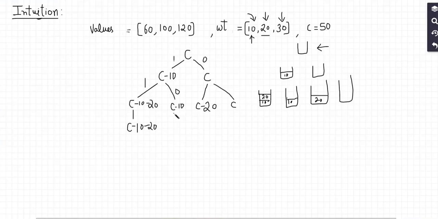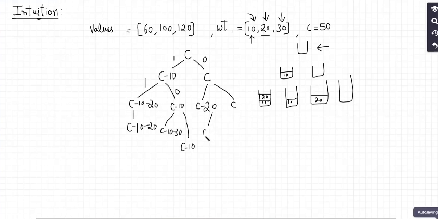Can we put item 3 here? Yes, we can. So that will give me a capacity of C minus 10 minus 30, because here the capacity is 40, because 50 minus 10 is 40, and we can put an item of weight 30 here. And definitely there is another case where we do not take this item as well. Then here, can we put an item with weight 30?